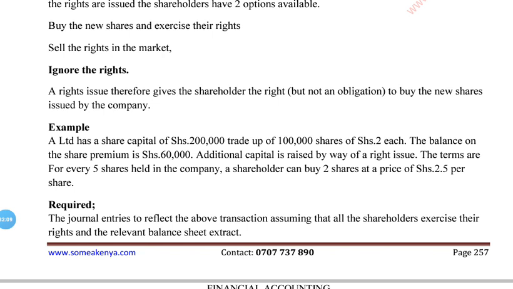The terms are for every five shares held in the company, a shareholder can buy 2 shares at a price of 2.5 per share. So record the journal entries to reflect the above transactions, assuming that all shareholders exercise their right at the relevant balance sheet.